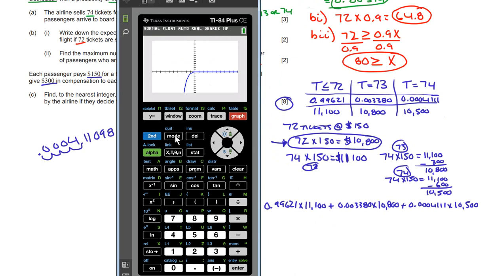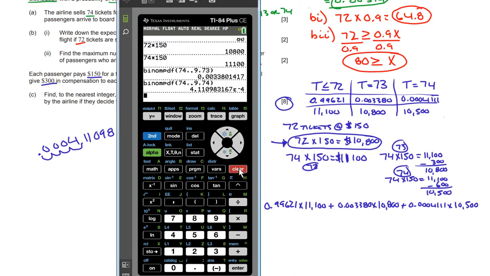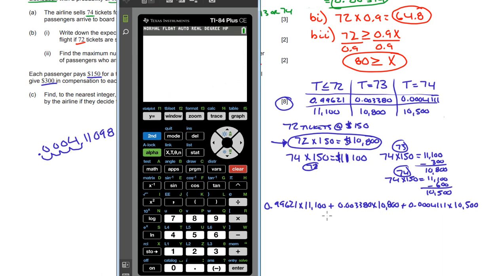Oops, second quit. I wanted to do clear, just kind of like to have a clean screen to start off with. So 0.99621 times 11,100.